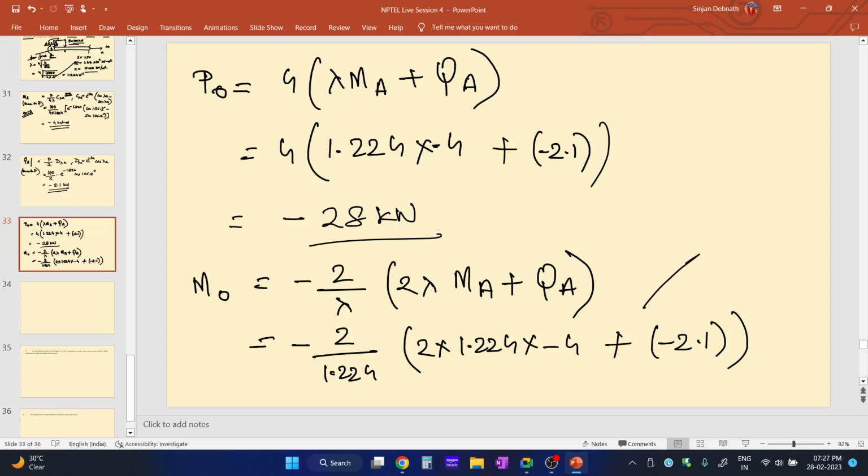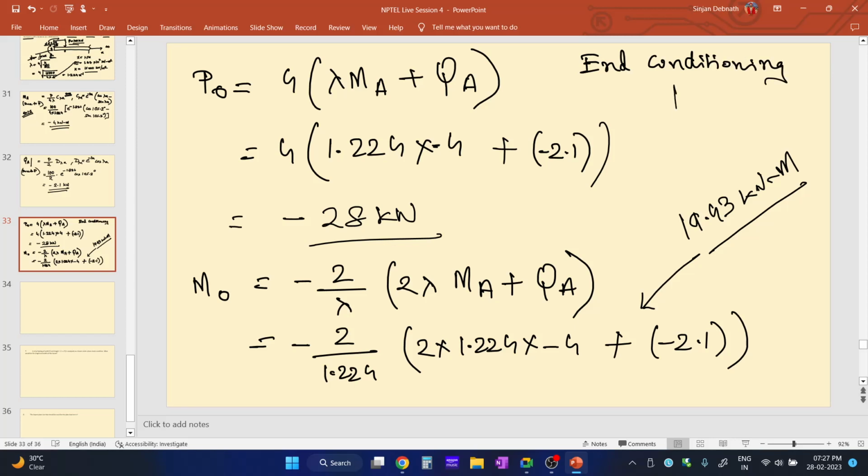It will be equal to 19.43 kilonewton meter. Okay, 19.43 kilonewton meter. So the P0 is minus 28 and M0 is 19.43. These two are known as end conditioning force and moment. Fine.